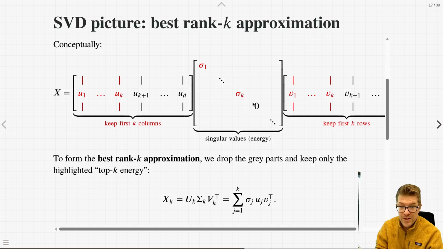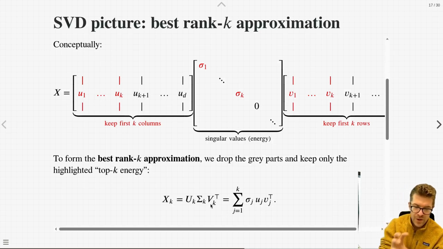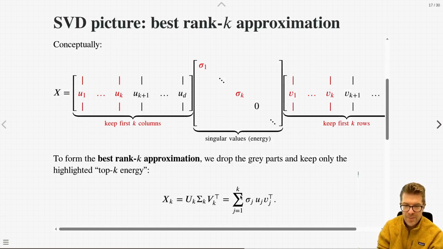And then if I multiply just those things together, I get this approximation X sub k. This is the best approximation of my original data using only the best k dimensions, again linearly.